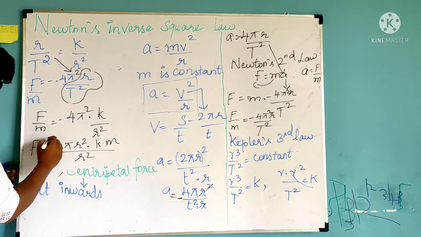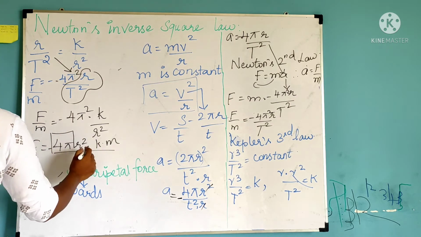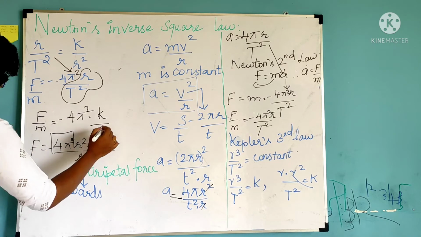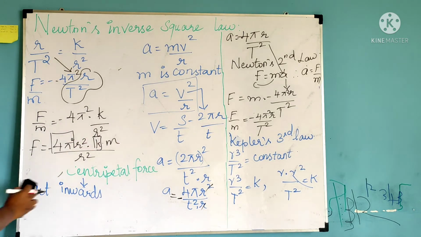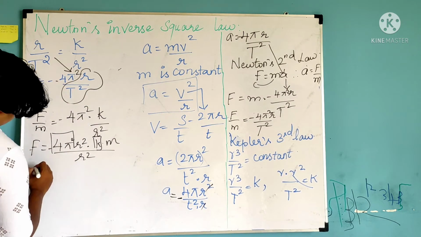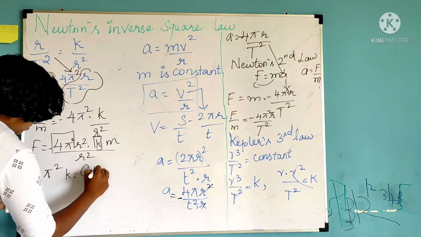Whereas this 4 pi square along with this k is equal to GM. 4 pi square k is equal to GM.